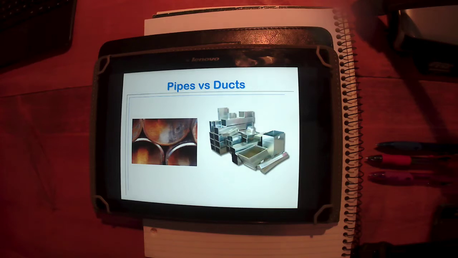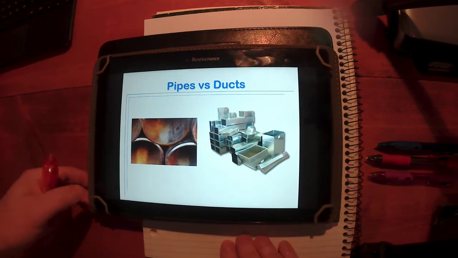Now, let's talk about a couple of types of conduits we might see. I just kind of pulled some images here from Google or somewhere like that, and I haven't referenced my images here. They're some kind of free source. Pipes versus ducts, and which is which.